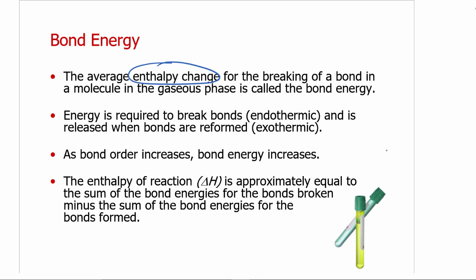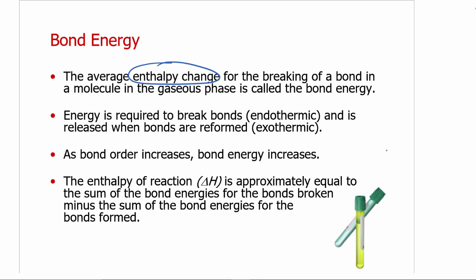And so we said energy goes into breaking bonds, which means that they are endothermic, and energy is released when bonds are reformed, which means it is exothermic. And that should make sense. If they're bonded or held together, it takes energy to pull them apart, to break them apart, so that should make sense that it's endothermic. And then the reverse must be true, that if bonds are going to be reformed, it would give off energy or would be exothermic.